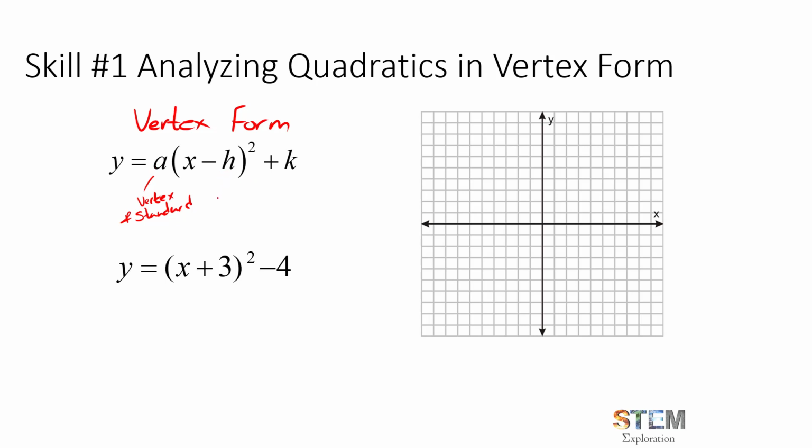Just like we've talked about with other types of functions, such as the h and k of absolute value equations, they mean the same thing as previously: the h term is the horizontal shift, and the k is the vertical shift.